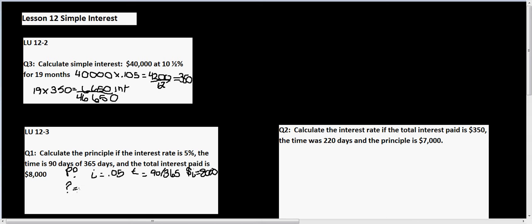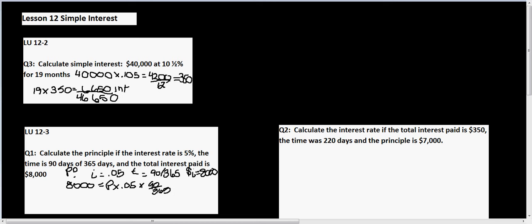I'm going to back this up and do it a little differently. We've got 8,000 in interest, and we know that that equals the principal times the interest rate times the number of days we had this, 90 over 365.